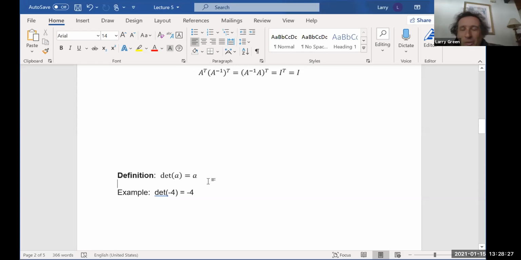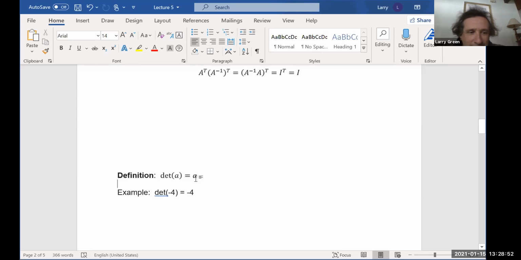Okay, so here's the wonderful news. The determinant of a 1-by-1 matrix, okay, every 1-by-1 matrix looks like a number, right? Is that number. Is that one of the easiest definitions you've ever seen? Notice though, it doesn't have parentheses around that A. So the determinant is a function.